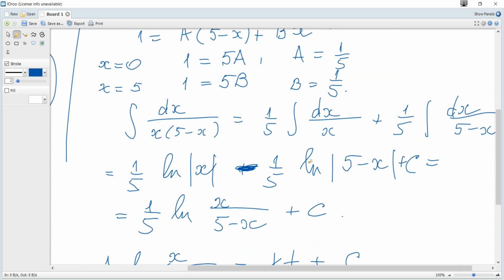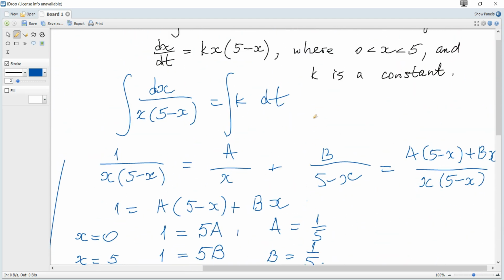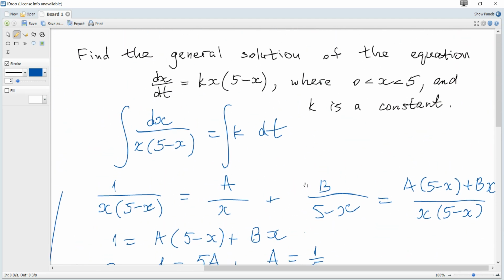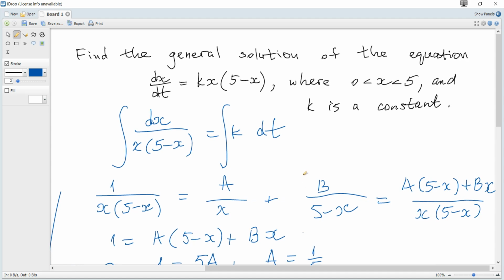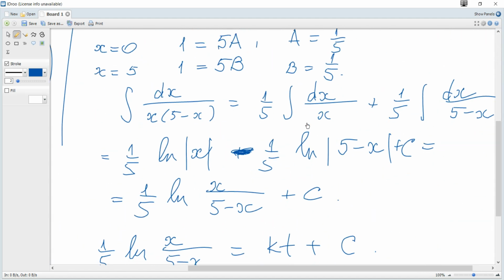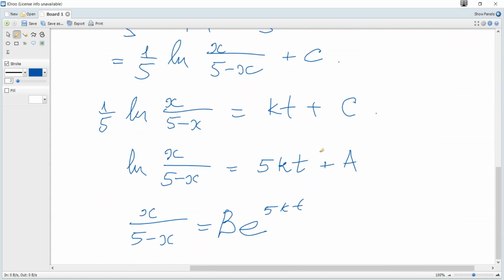And we need to solve for x. Or actually it's not required. It's not required to give the answer in the form x is a function of t, and if it's not specified to give the answer in the form x is, you may leave it like this. It's actually the general solution.